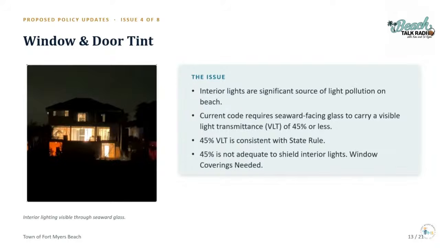After a pretty controversial discussion, we followed the state model ordinance at 15% and had some back and forth, and revised our ordinance to go back to 45%. FWC has since done a study looking at the effects of visual light transmittance on sea turtle hatchlings, using the scientific method to look at where a significant difference in disorientation occurs as visual light transmittance goes from 45 to 30 to 20 or whatever the different treatments were.